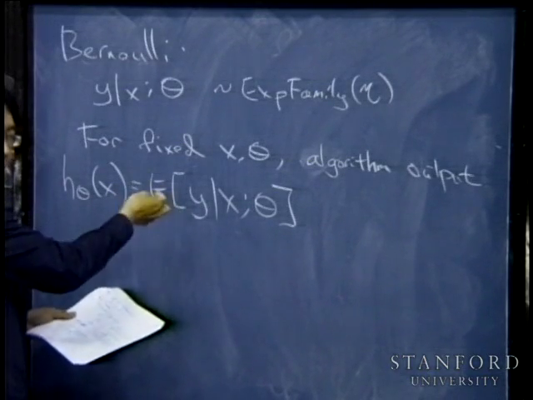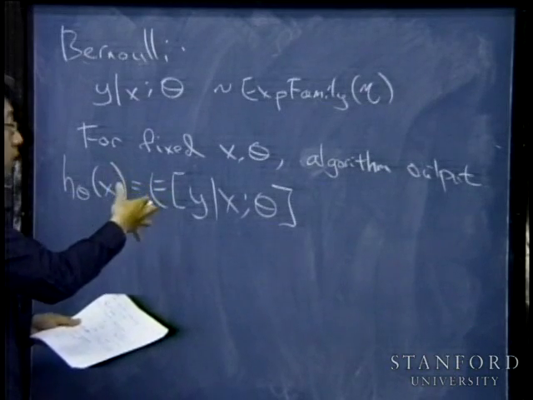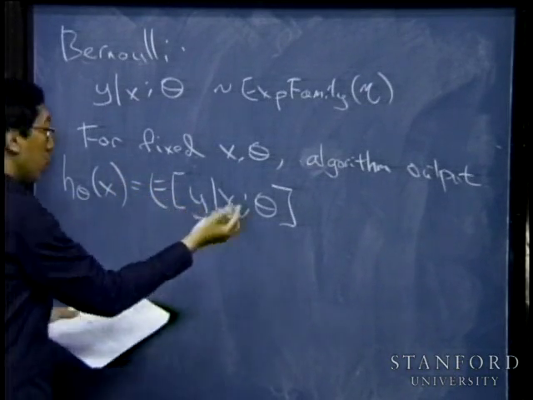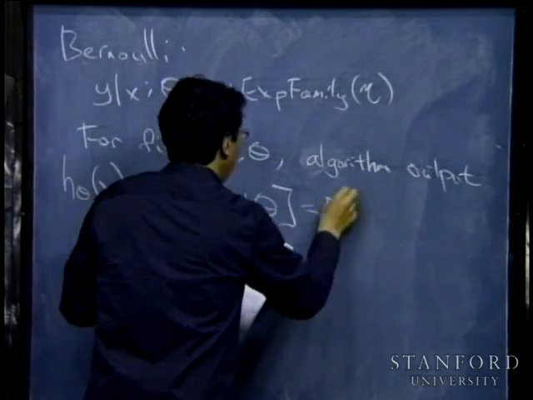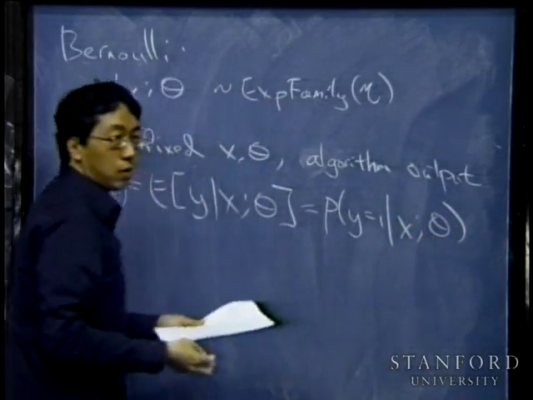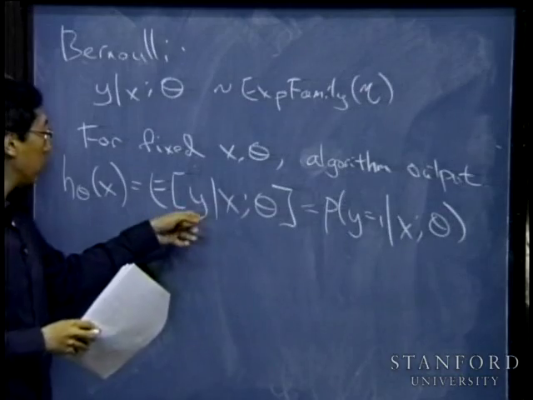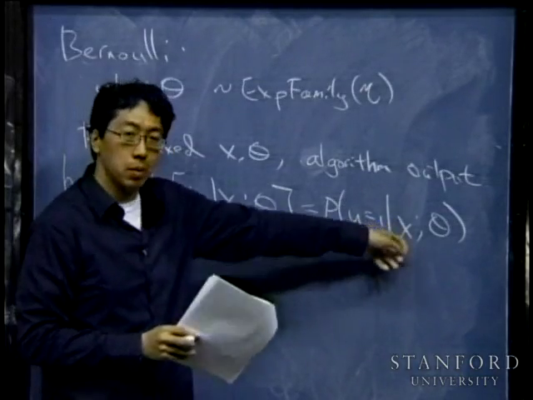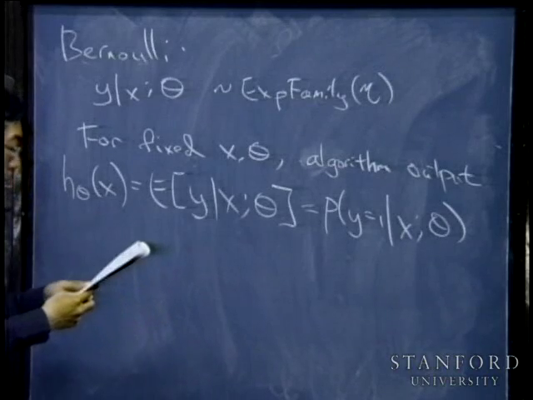When y can take on only the values 0 and 1, then the expected value of y is just equal to the probability that y is equal to 1. So the expected value of a Bernoulli random variable is just equal to the probability that it is equal to 1.